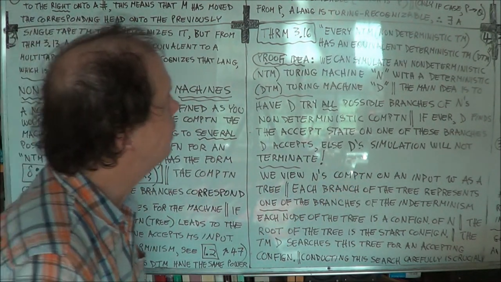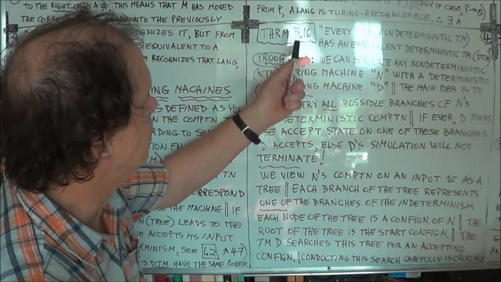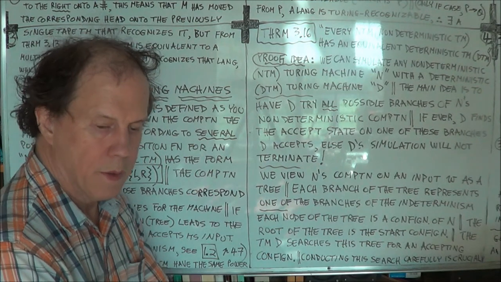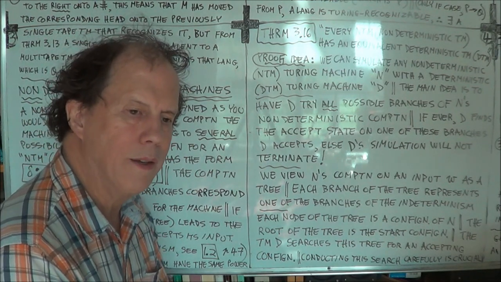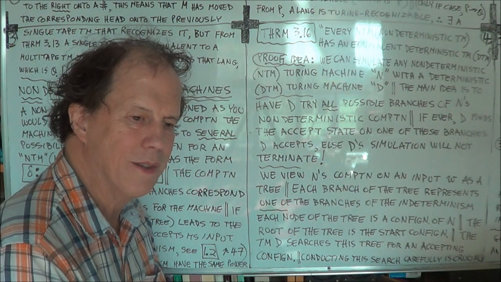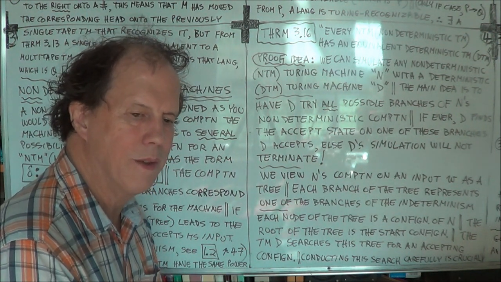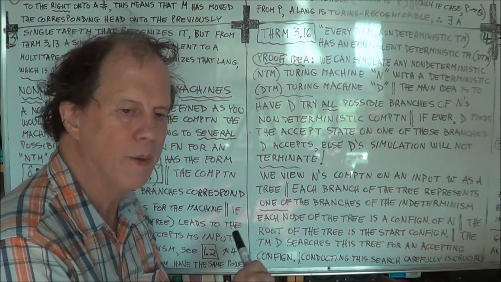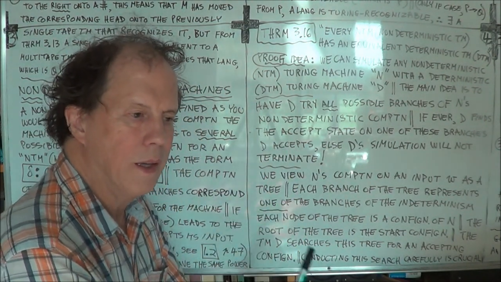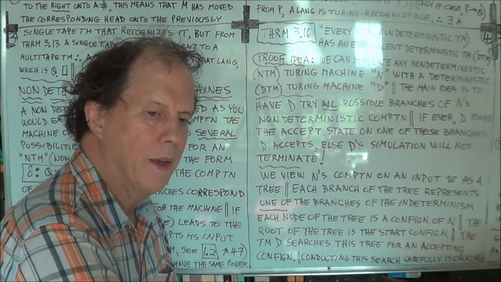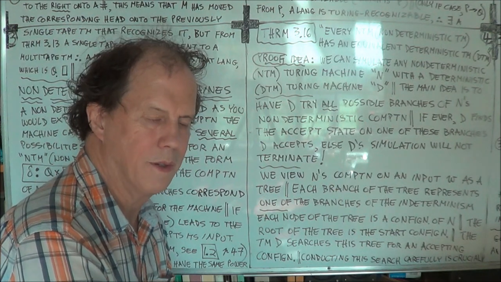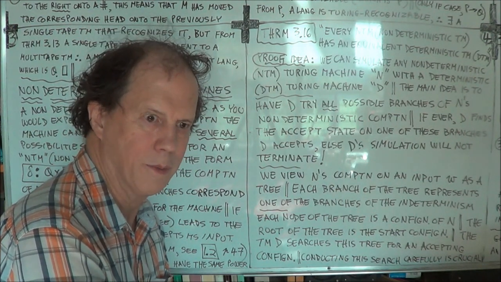It's a rather long proof. Here's the theorem statement, as I mentioned a bit before. It's not obvious in some ways, because you can argue both ways. In the case of the finite automaton, the non-deterministic finite automaton is equivalent to the deterministic one.